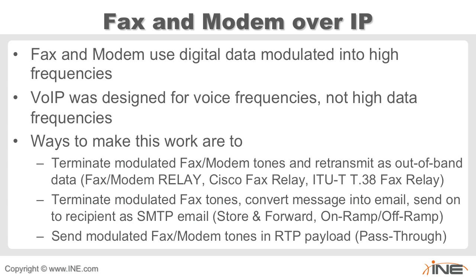Now, T.30 is the ITU-T spec for just regular POTS fax transmissions. So when we speak of T.30, that's faxing over the actual POTS lines, just like if we're speaking of H.320, that's ISDN over PRI. But if we're speaking of T.38, that's fax relay over IP.